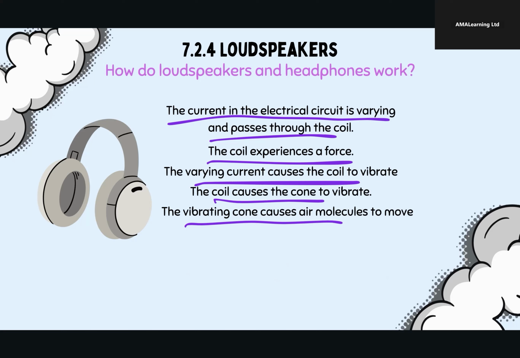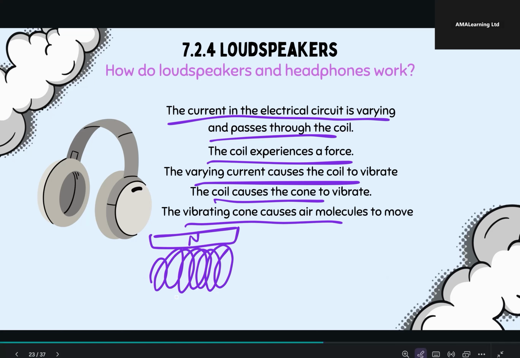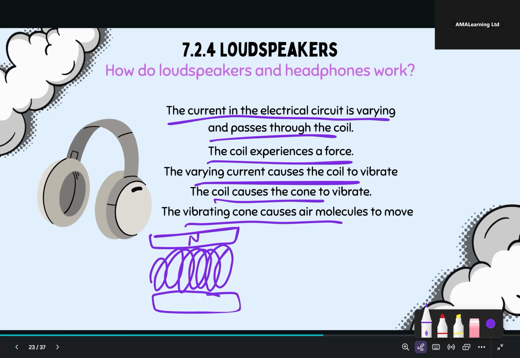They're not constant. When someone's speaking, the electrical signal becomes stronger. When someone's silent, you don't have as much of an electrical signal. These signals pass through the coil of wire inside the speaker. So you've got your coil of wire and electrical current flowing through it. Now the coil sits within a magnetic field: north, south.